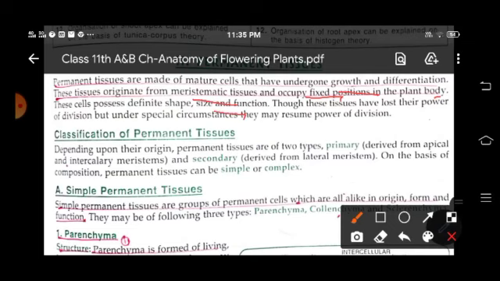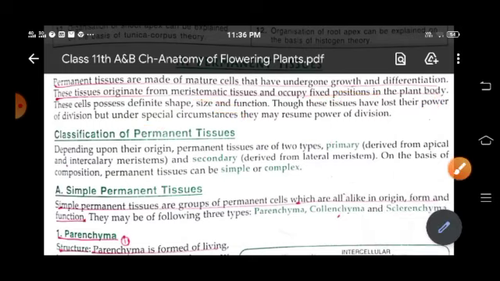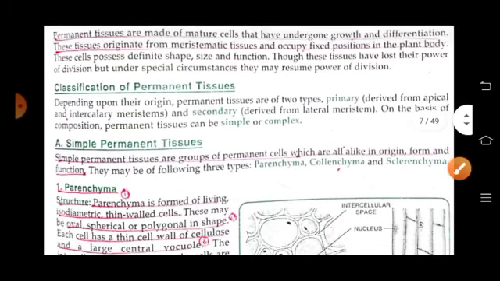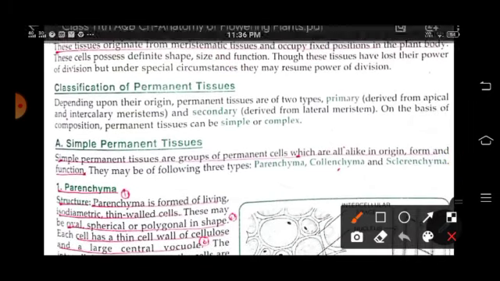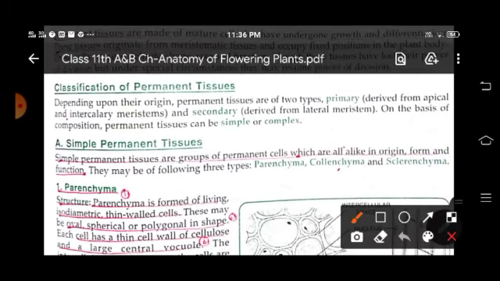They have lost their power of division, but under special circumstances they may resume it. Depending upon their origin, permanent tissues are divided into primary and secondary. On the basis of composition, permanent tissues can be simple or complex.